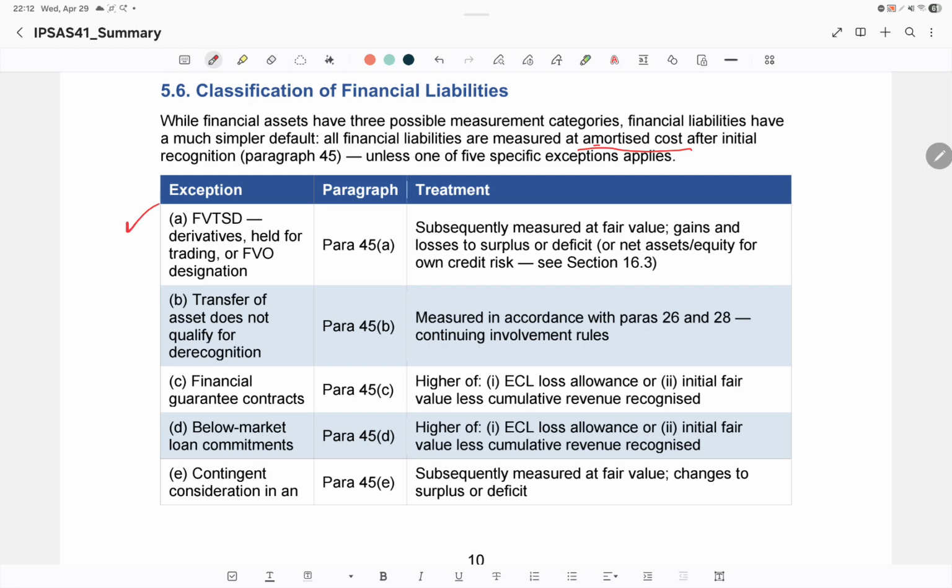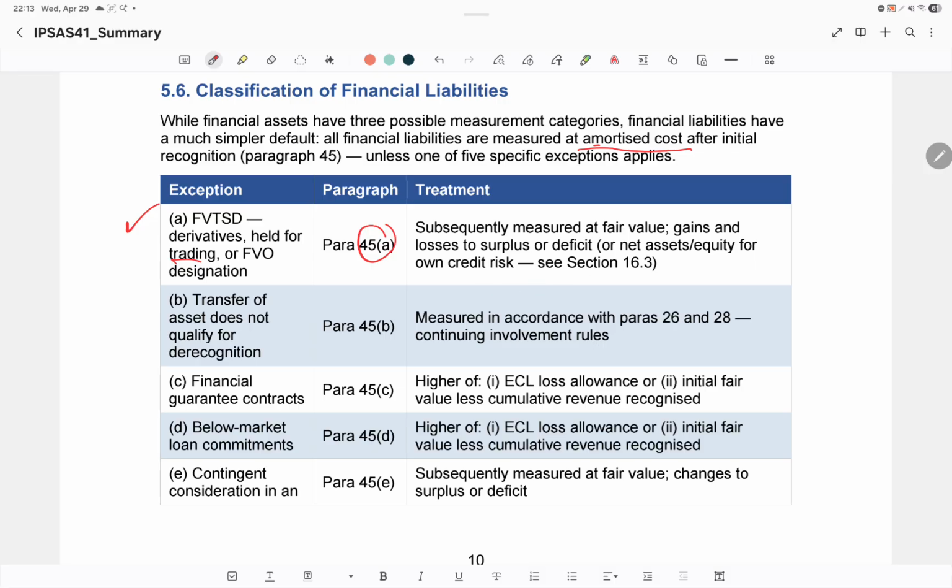Fair value through surplus or deficit, if it is a derivative and held for trading, or if the designation is fair value through net assets. Paragraph 45: subsequently measured at fair value, with gains and losses to surplus or deficit or net assets for own credit risk.